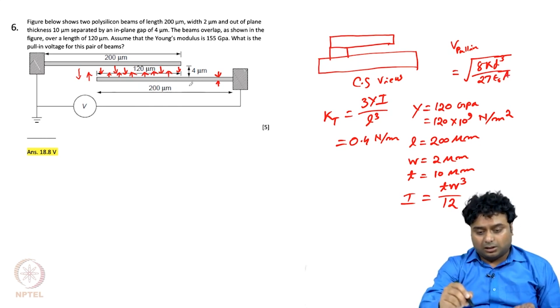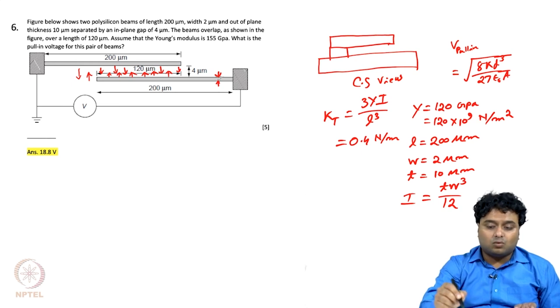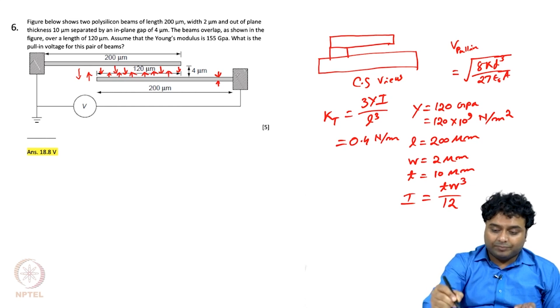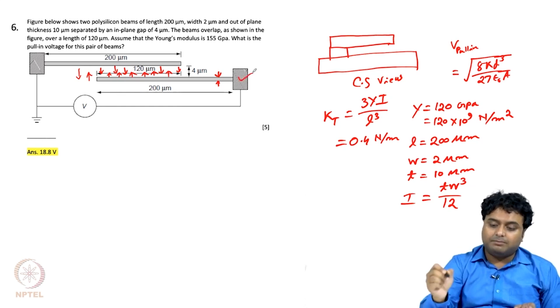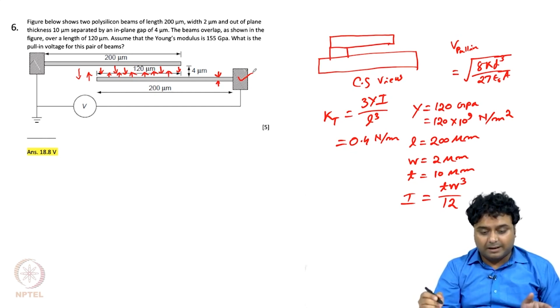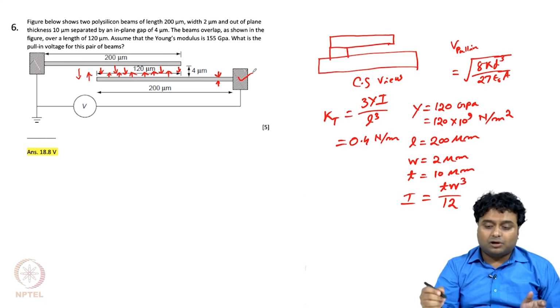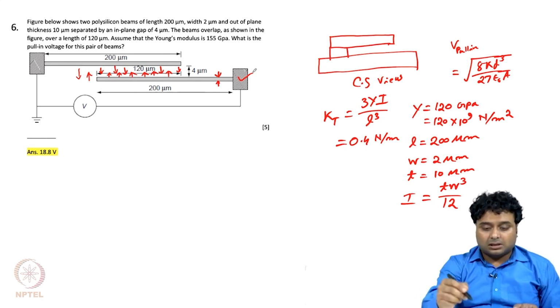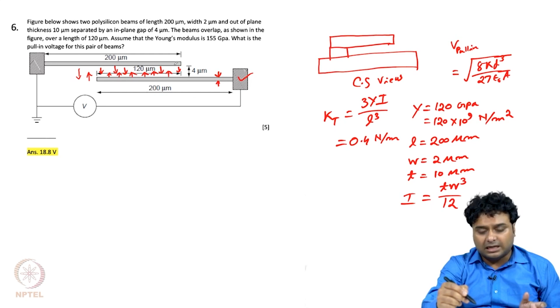Now the point is, after doing that also we cannot apply this formula, because both the beams are moving. Now what we can do here is, we can consider one of the beams to be stationary. Let us say I consider this beam, that is the bottom beam, to be fixed. Now if the bottom beam is fixed, then to make the displacement same, the top beam has to move by double the distance, because see, if both the beams move by, let us say 10 nanometer towards each other, then ultimately the relative displacement decreases by 20 nanometer, right.